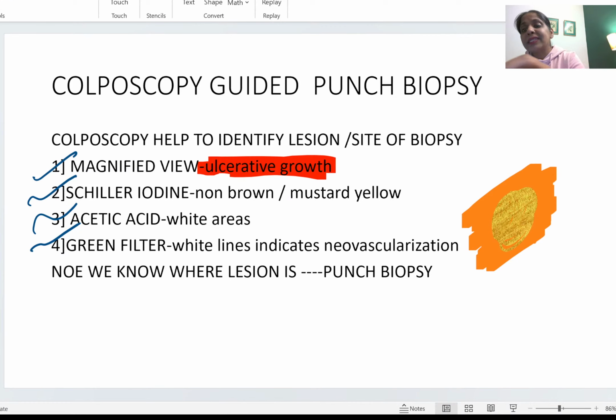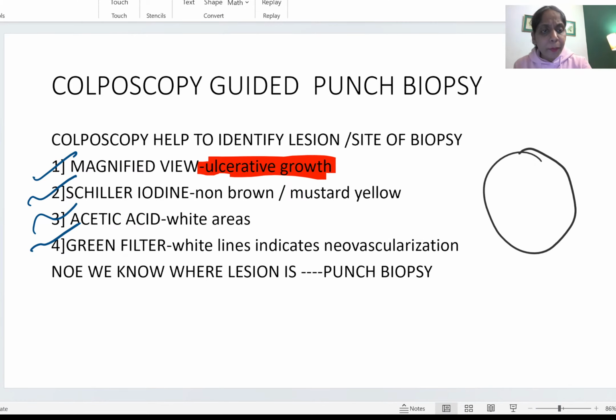Okay, then the next thing you will do is apply acetic acid. Acetic acid is a transparent colored liquid. Suppose this is the cervix. The cervix which is cancerous has high protein because DNA transformation is occurring there.